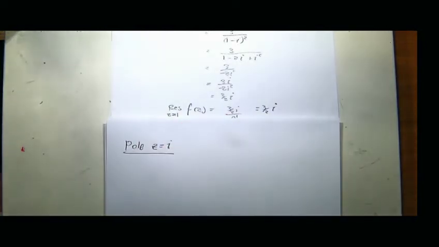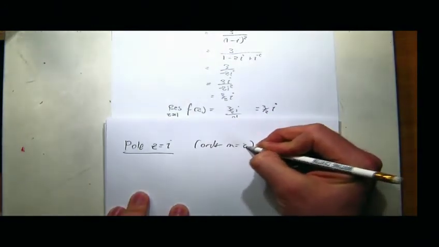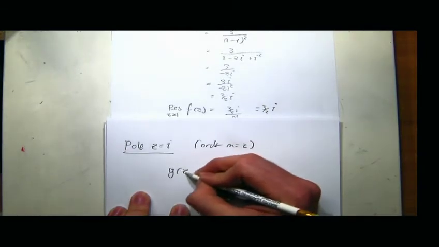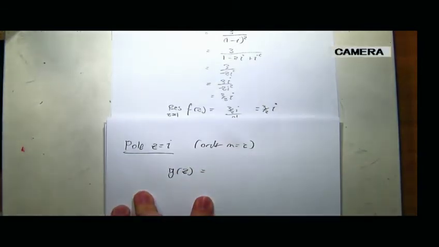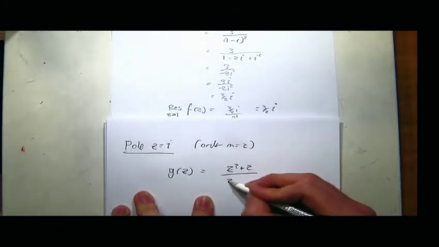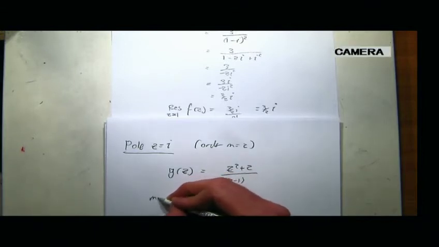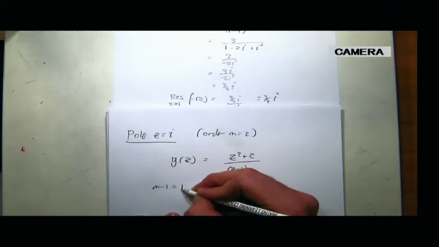The pole at z equals i, on the other hand, is order 2. So I remove the bit that actually involves the z minus i, which is tantamount to multiplying by z minus i to the m. And m minus 1 is 1.